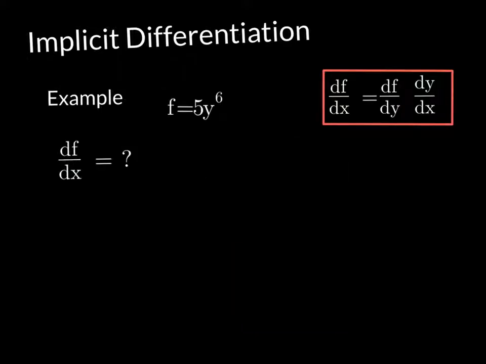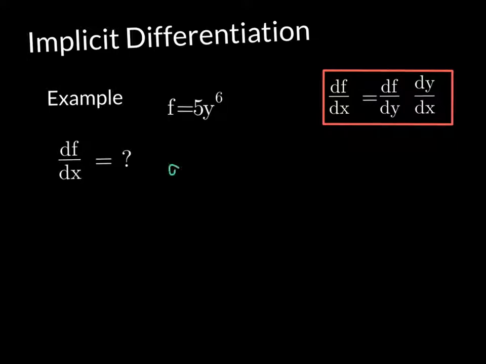So here we have a function which is f is equal to 5 times y to the power of 6. We're asked to differentiate that function f with respect to x. So that might seem a little bit strange because there's no actual x appearing in this side of the function. However, we still can find an expression for the df by dx if we use the chain rule.